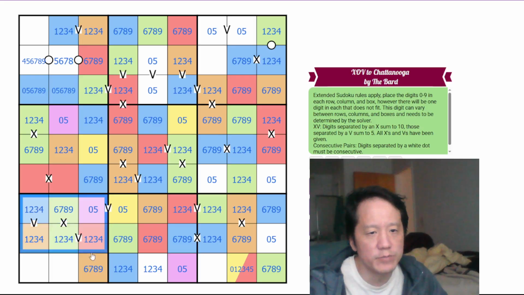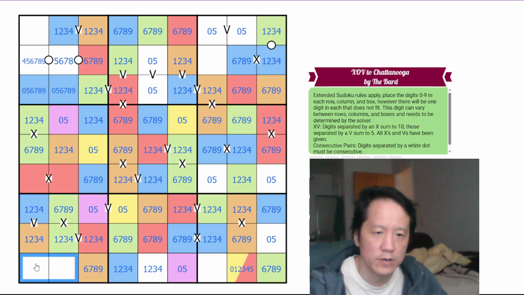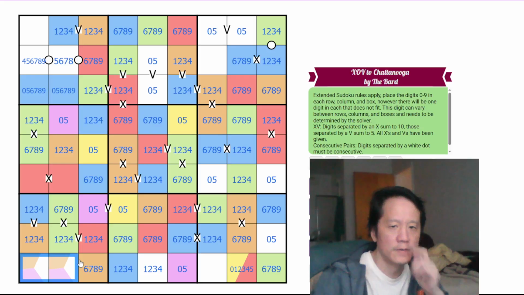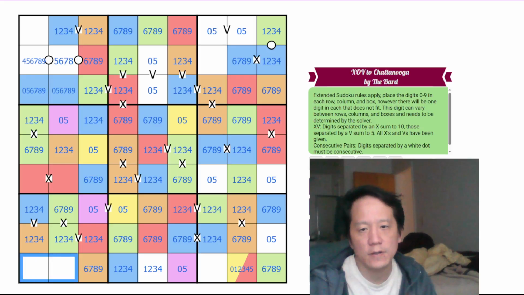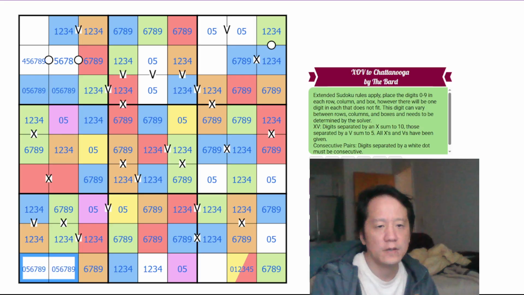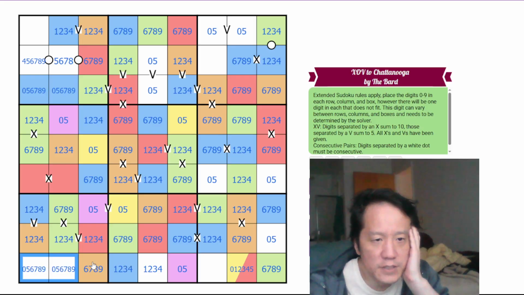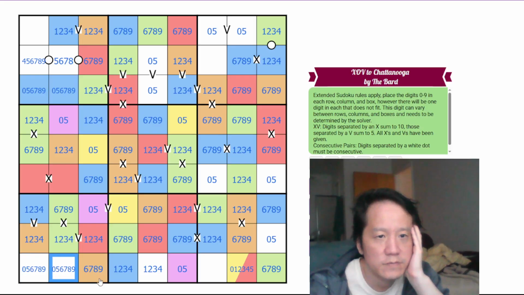Remaining digits in box 7: there are 0, 5, the yellow 0, 5, and 6, 7, 8, 9. The 6, 7, 8, 9 can be blue or red. We know there's a blue here, but we don't know anything else.